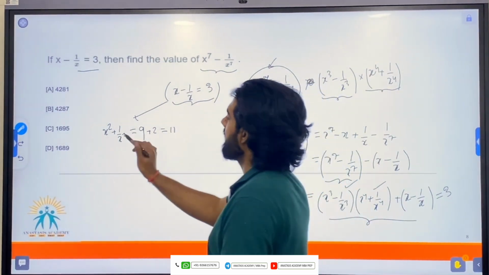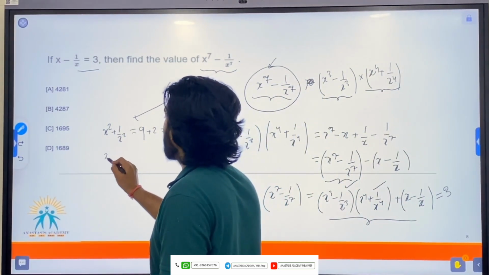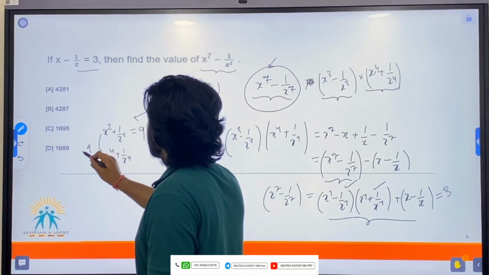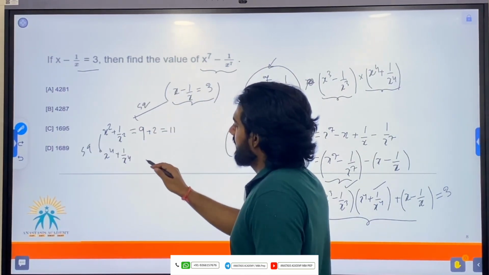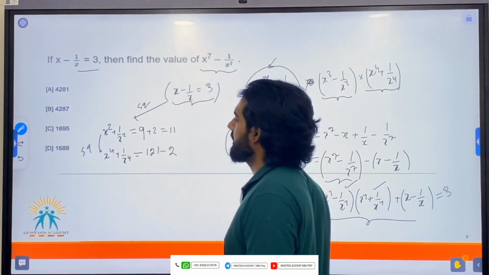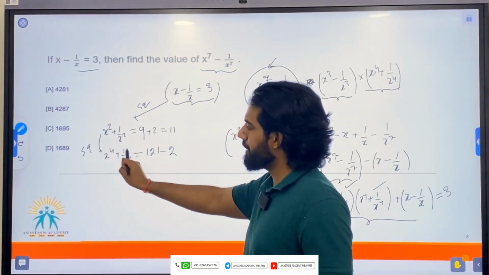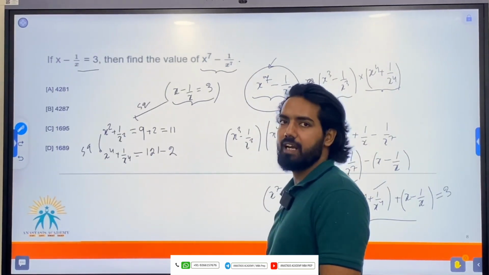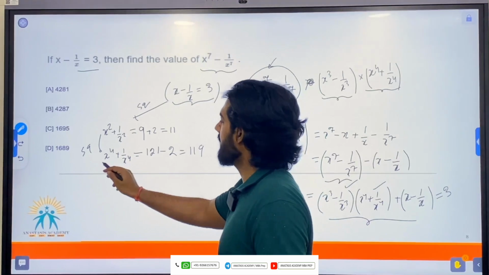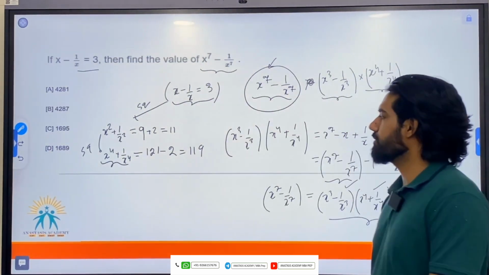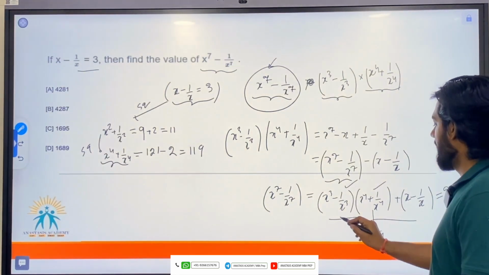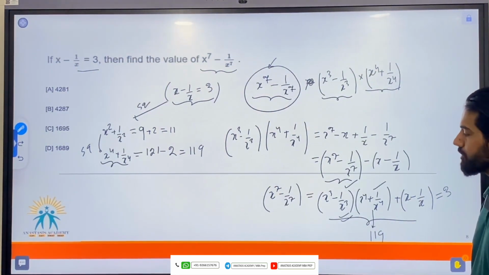If I square this expression again, I get x raised to the power 4 plus 1 upon x raised to the power 4 as 121 minus 2, because this is a square plus b square plus 2ab, and the plus 2 goes to this side, becoming minus 2, so I get 119. So x raised to the power 4 plus 1 upon x raised to the power 4 is 119.